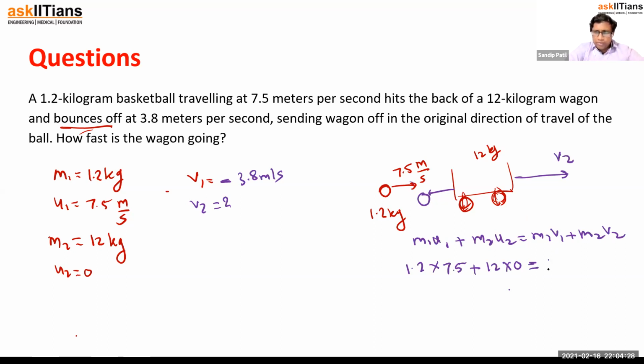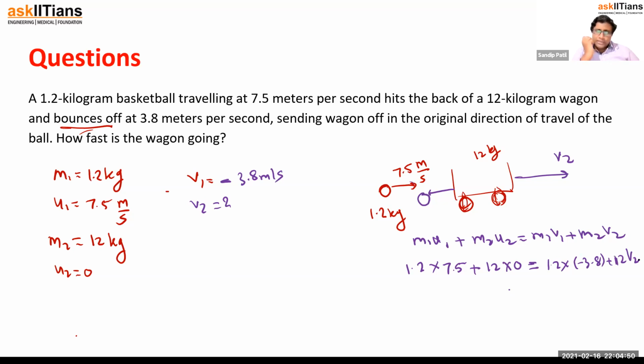M1 is again 1.2, and velocity is negative, minus 3.8, plus M2 is again 12 and V2 is what we wanted to calculate. That's it, so let's try to solve this one.